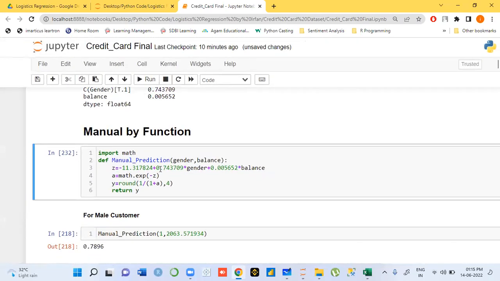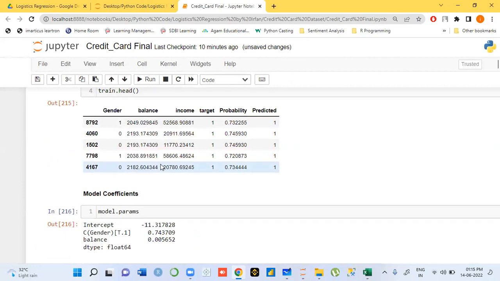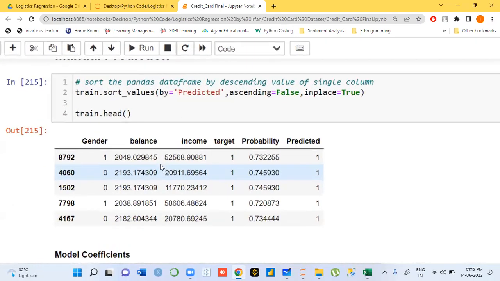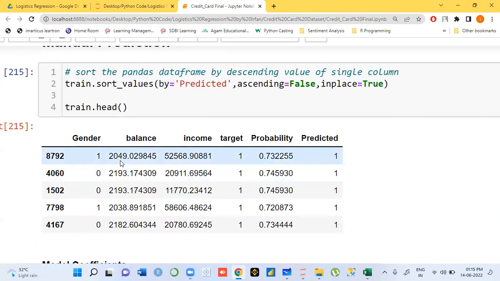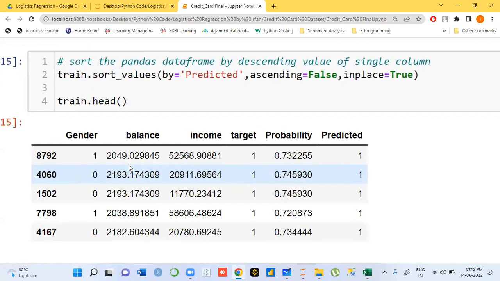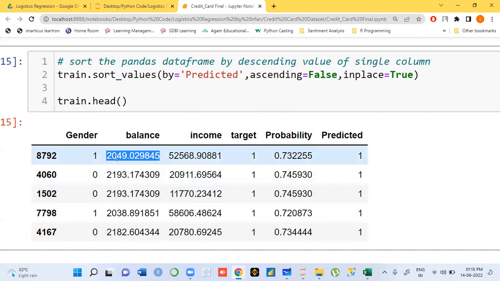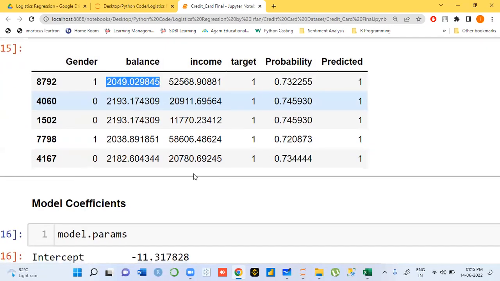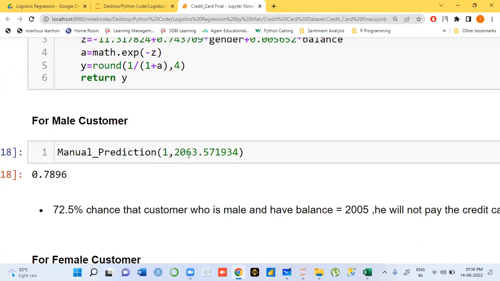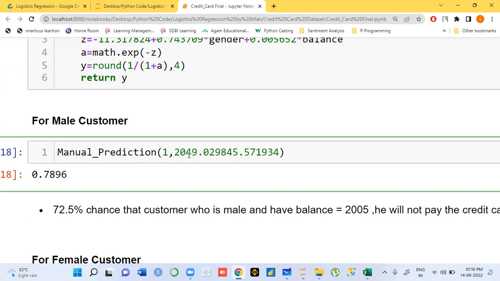Now, guys, the question comes how it predicts for the first case. Let's do prediction for male. What is the probability the first customer has? 0.7. How much balance he has? What is the probability he has, guys?